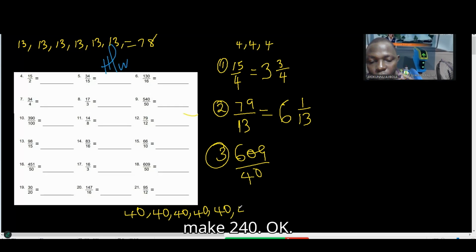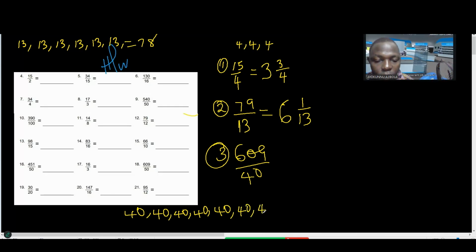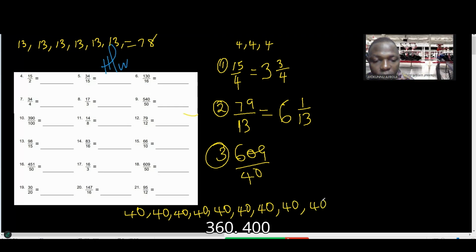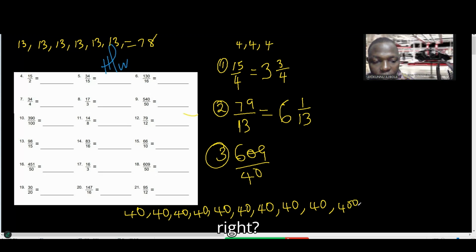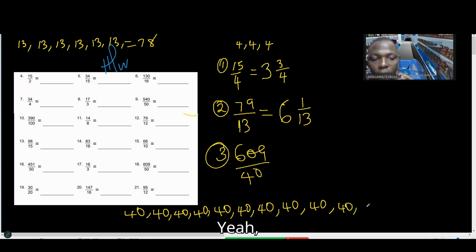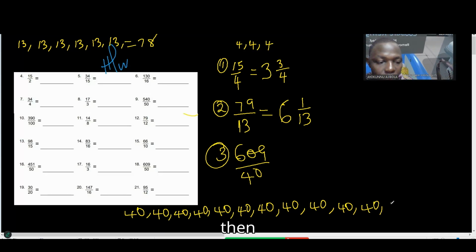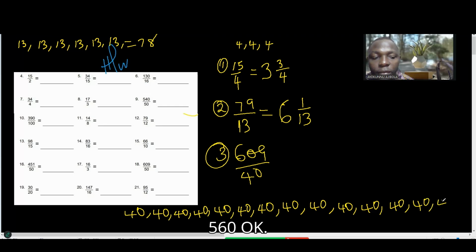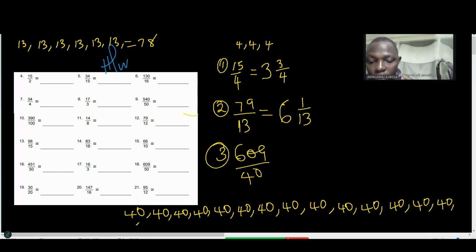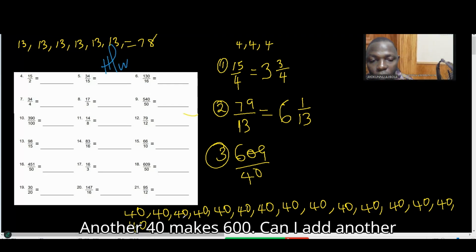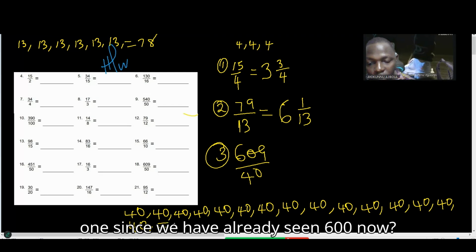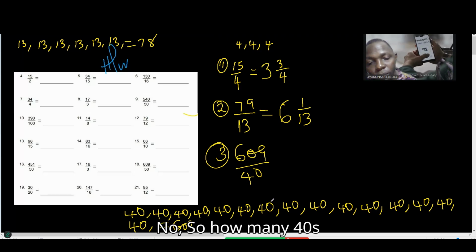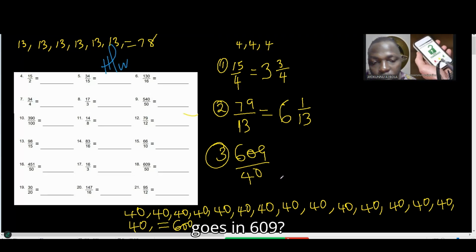Then 240, 280, 320, 360, 400, then 440, 480, 520, 560, then another 40 makes 600. Can I add another 40? No. So how many 40s go in 609?